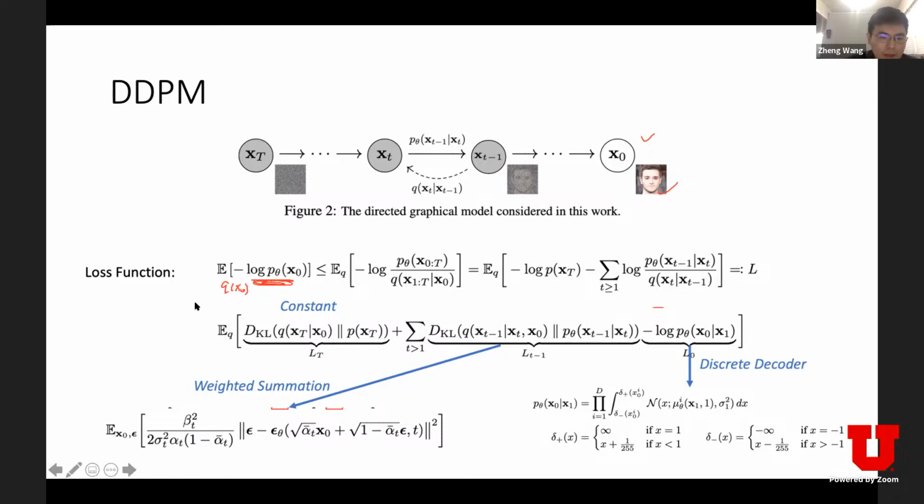And the final loss function can be treated as the sum of these three terms.